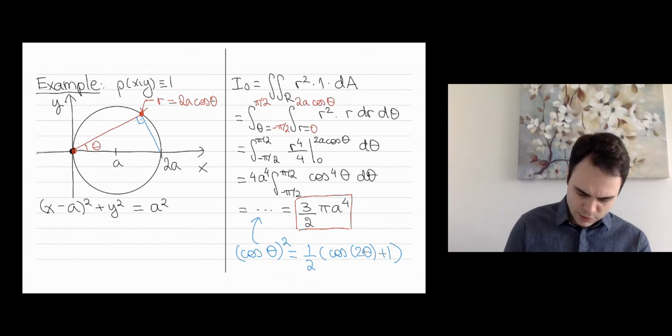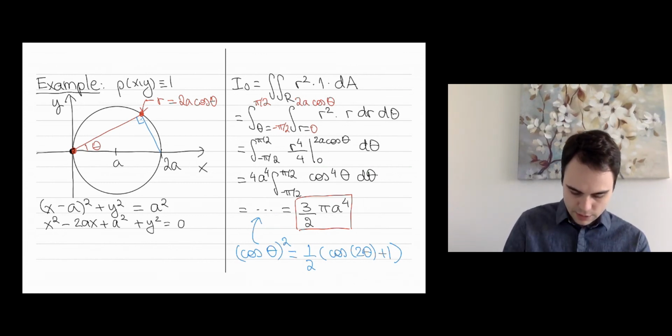Now let's expand this a little bit. I get x squared minus 2ax plus a squared plus y squared equals a squared.